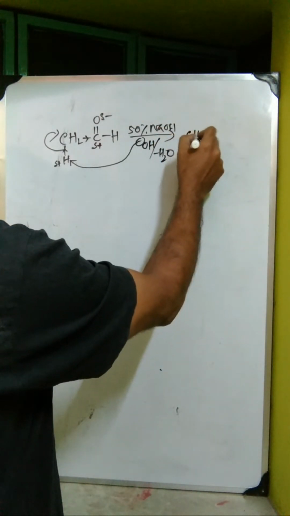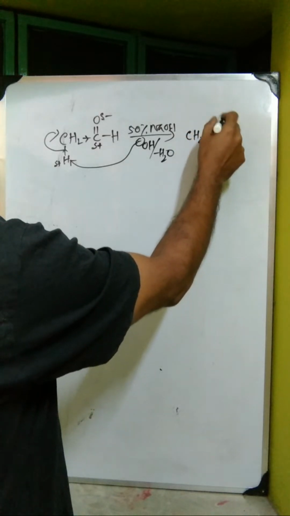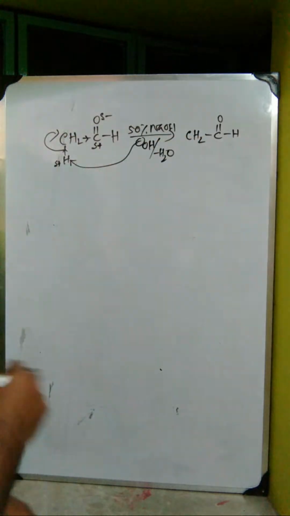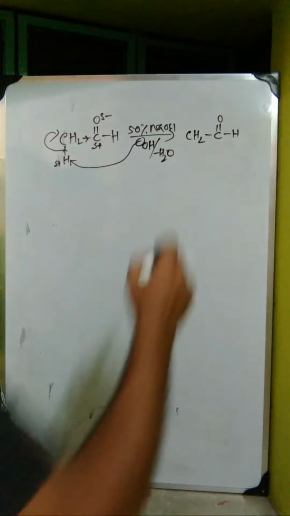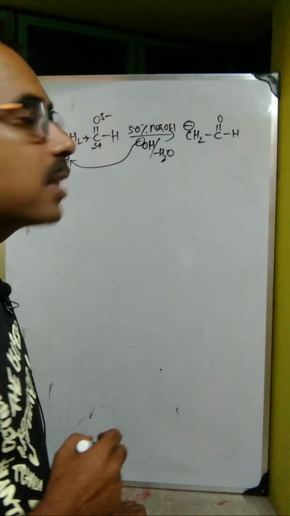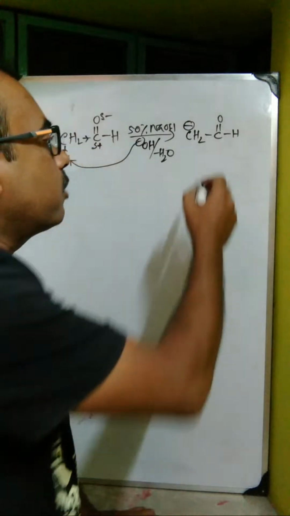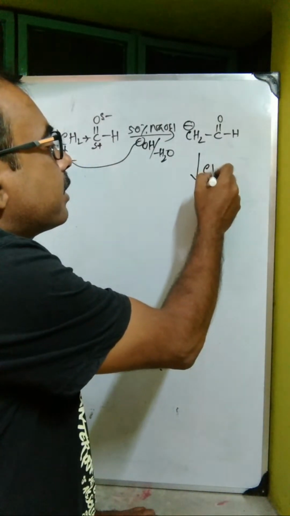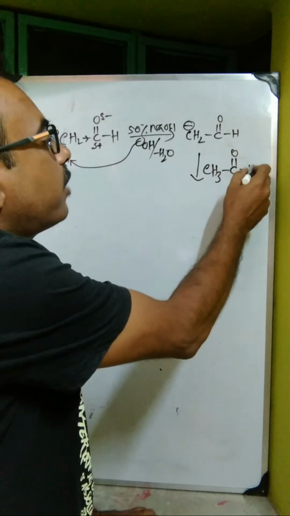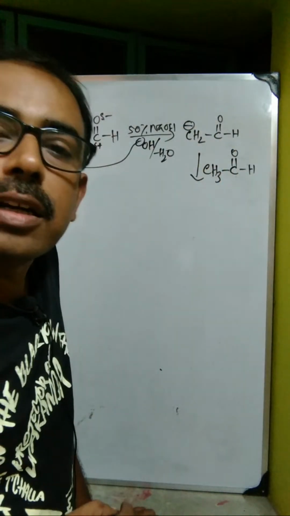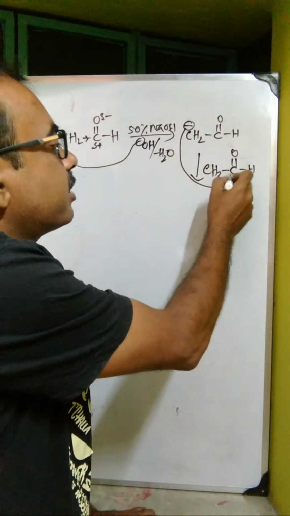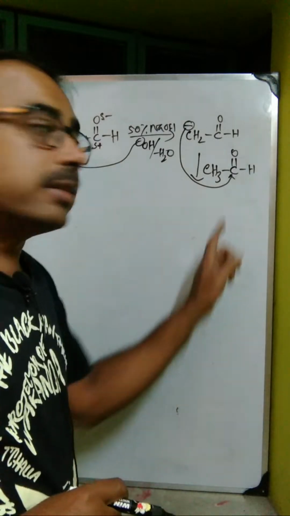The product is CH2=CH-O−... that is, CH2CHO with a negative charge, as the bond pair electrons shift to this carbon, making it negative. This carbanion is totally a nucleophile, so it will attack this carbonyl carbon, the electrophilic center, and make a bond with this carbonyl carbon.